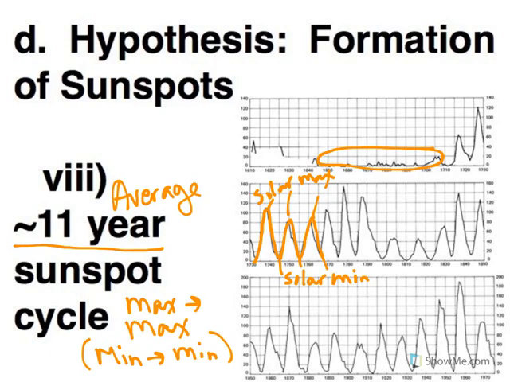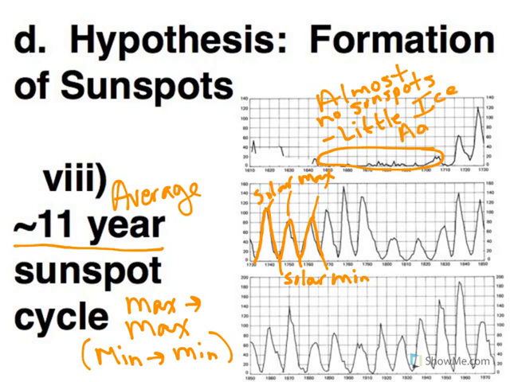Notice this period of time right in here. That was back in the 1700s, late 1600s, early 1700s. Almost no sunspots, which means almost no prominences or any of the other stuff. This also happened to correspond with a period of time known as the Little Ice Age.